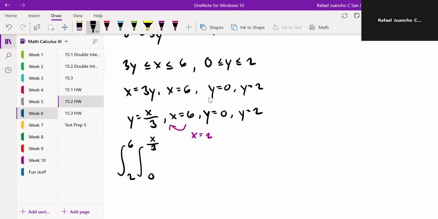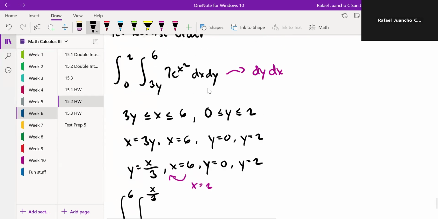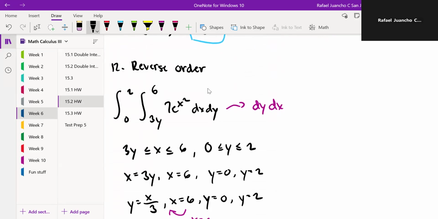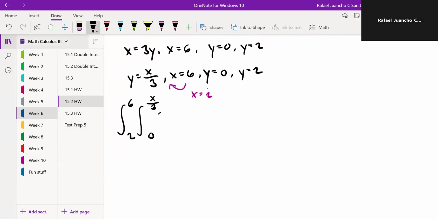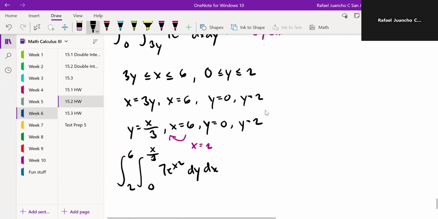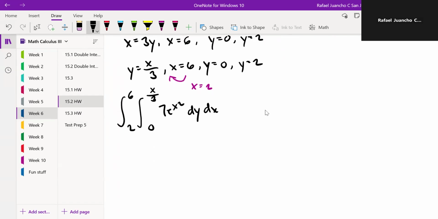And so that's where I get the fixed x bounds. And then from there, I just solve this thing. 70x squared dy dx, right? Now I have it in dy dx. And then from there, okay, I just solve this thing.